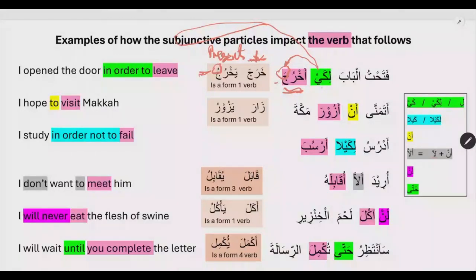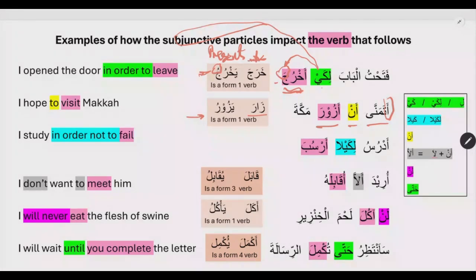Okay, second one, same thing, atamanna an, and then the verb, the root is zara, he visited, and yazuru is the normal present tense of zara. So he visited and he is visiting. So this one is I intend or I want to, then I visit. Right? So you're changing it to alif to make it I, because here you started off with I hope to, then you can't say he or she, you have to say I hope that I go, that I want to visit Makkah.